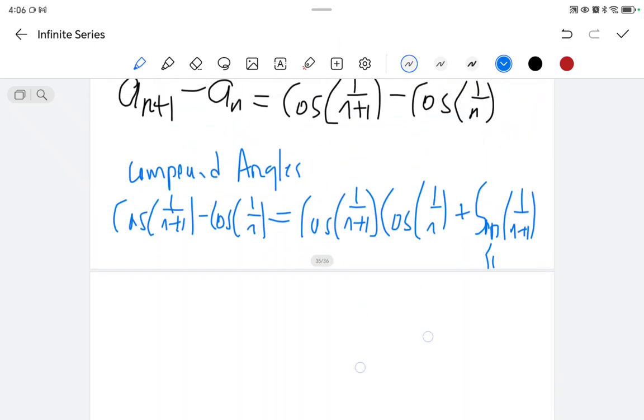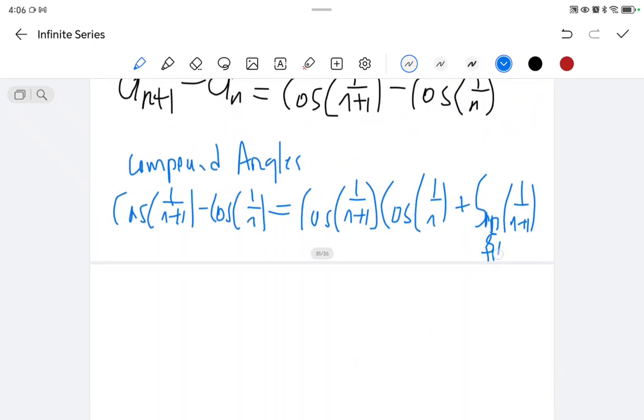So the question we can have here is, what is cos of this? This one will take us a long way.